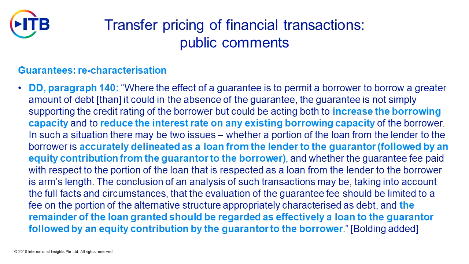The conclusion of an analysis of such transactions may be, taking into account the full facts and circumstances, that the evaluation of the guarantee fee should be limited to a fee on the portion of the alternative structure appropriately characterised as debt, and the remainder of the loan granted should be regarded as effectively a loan to the guarantor, followed by an equity contribution by the guarantor to the borrower.